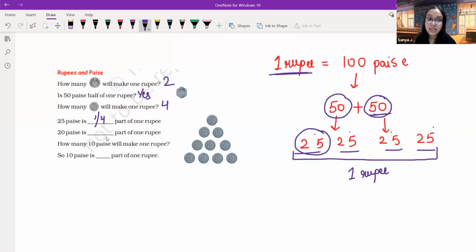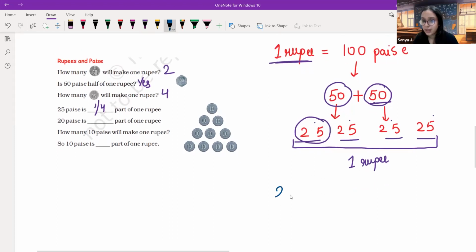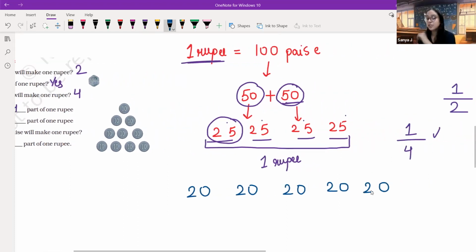20 paisa is what part of 1 rupee? Now, you know what? In 1 rupee, we have 100 paisa. Let's check. 20, 20, 20, 20, and 20. Now, if we add all these 20 paisas, we will get 100 paisa as the answer, which is nothing but 1 rupee.